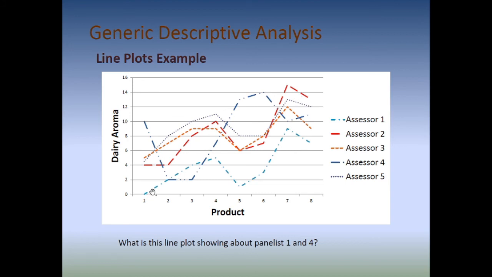We note that assessor 1 is following that same patterning, but they need to be retrained to move the attribute up higher within the scale.